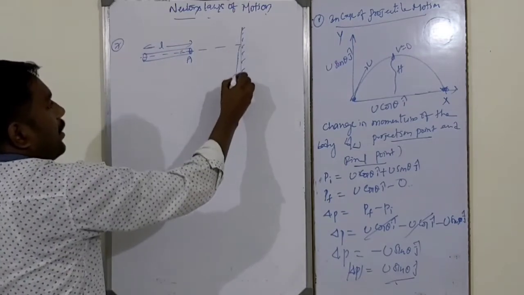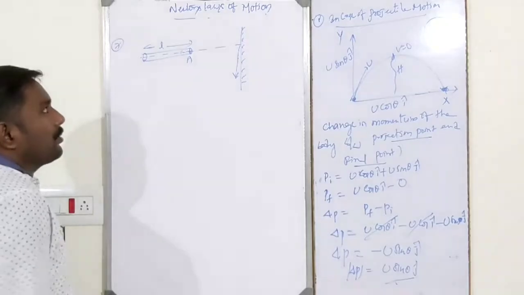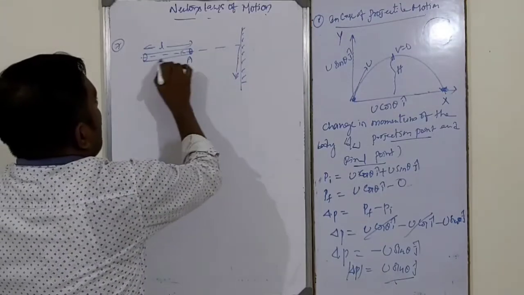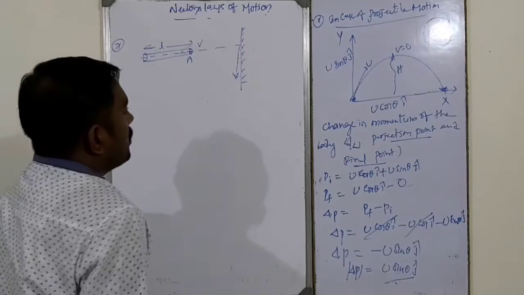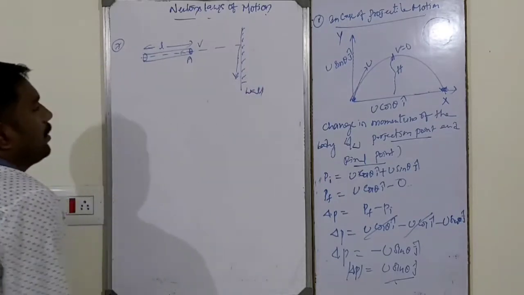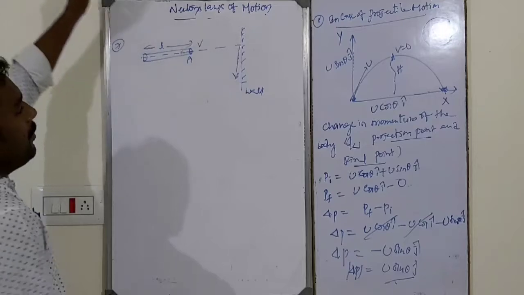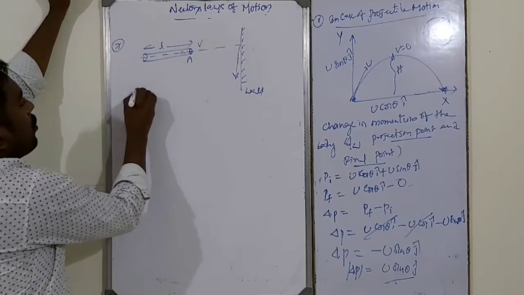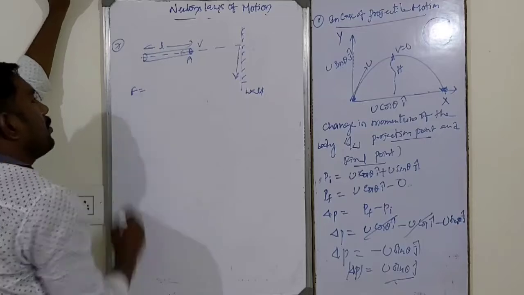Then afterwards it drops and falls on the ground. The water is emptied by the pipe with the velocity v. This is the wall. So the final momentum will be 0. The initial momentum is mv. In this case, force is equal to what?